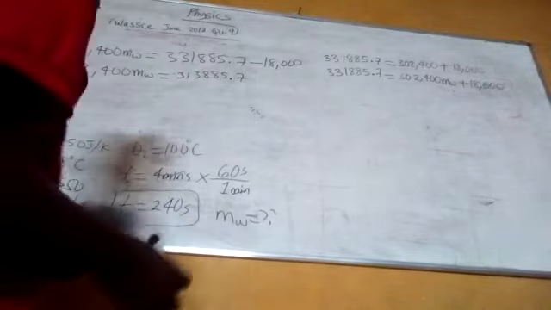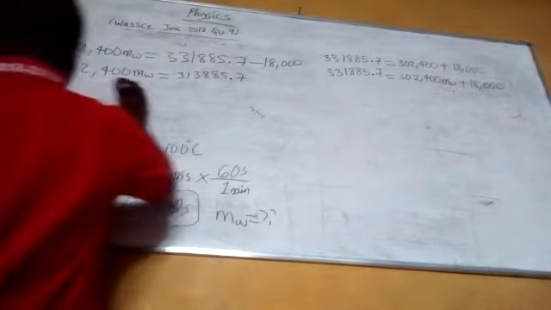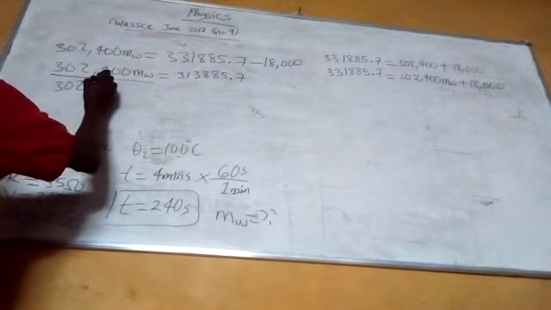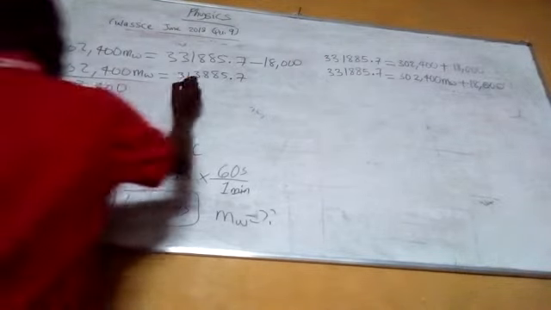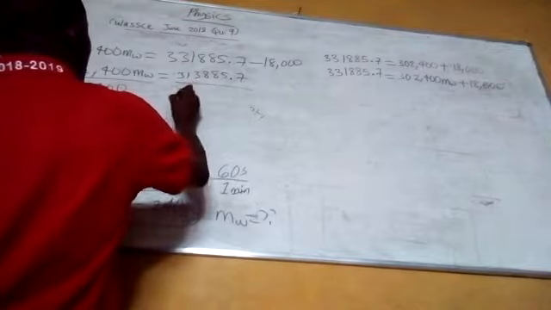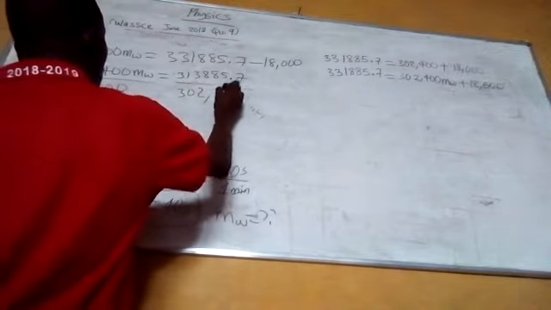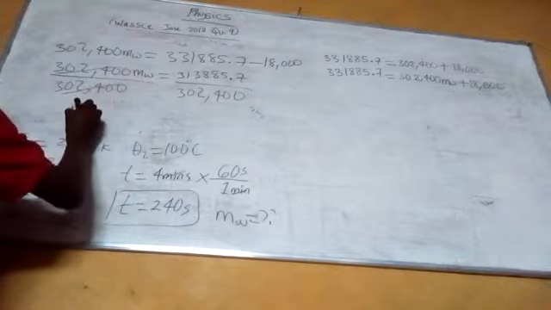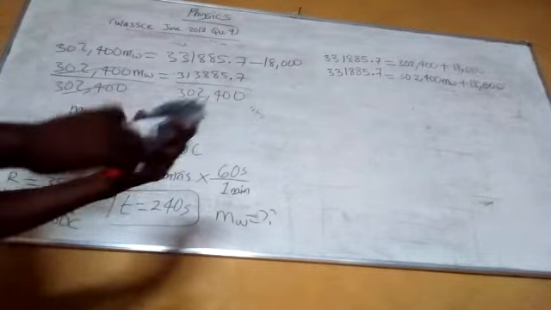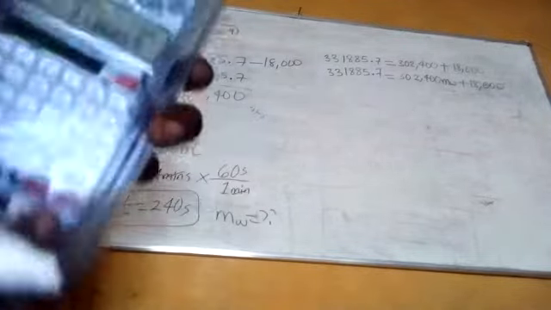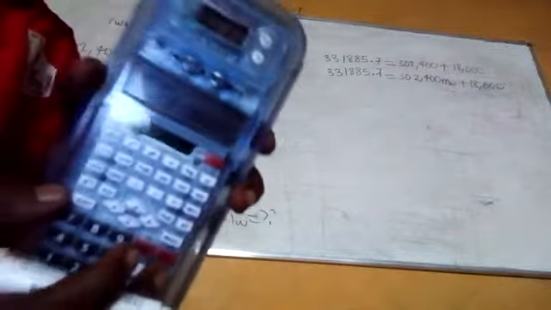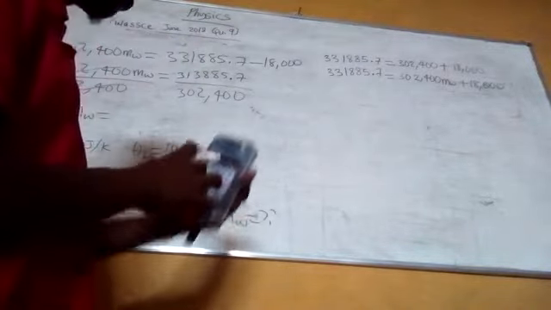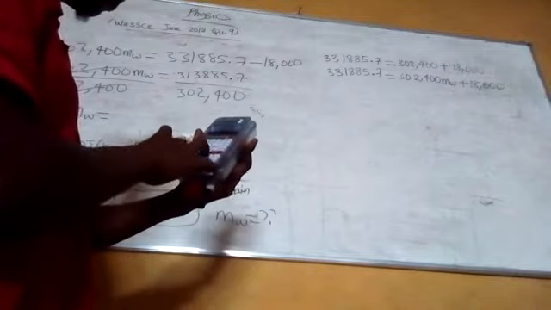So now we want to find the mass of water. So divide both sides by 302,400. So this and this cancel. We get the mass of water now equal to 313,885.7 divided by 302,400.